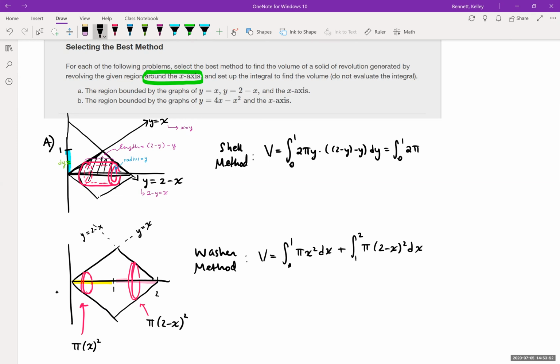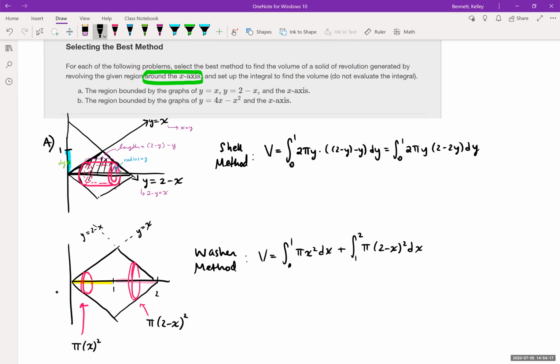I'll just leave it as 2 pi y times 2 minus 2y dy. I like the shell method better because it's just one integral. They're both fine. You can use both. There's no penalty for choosing one over the other.